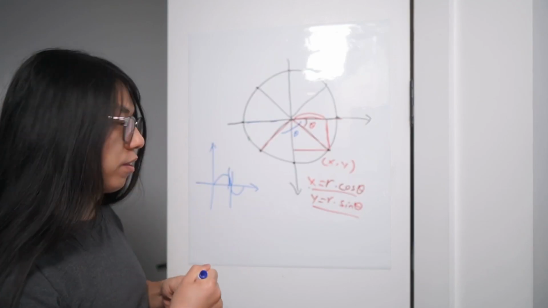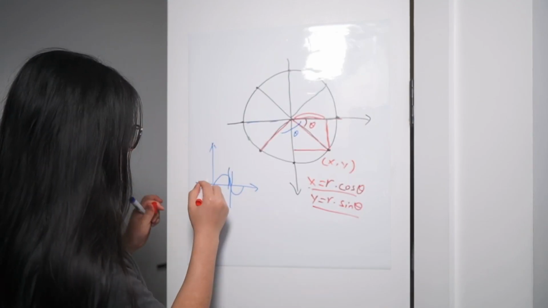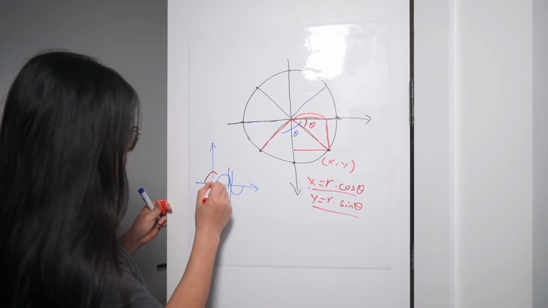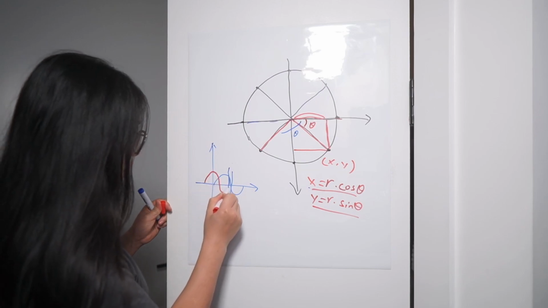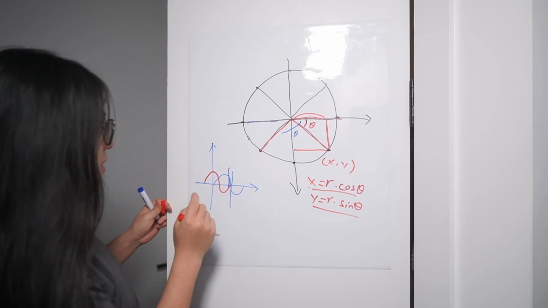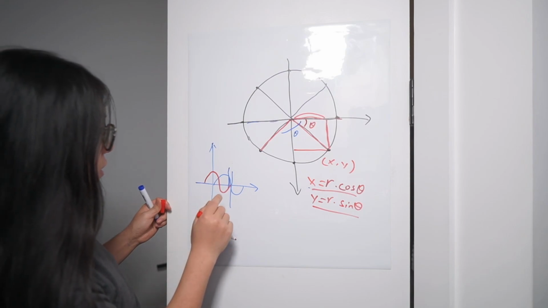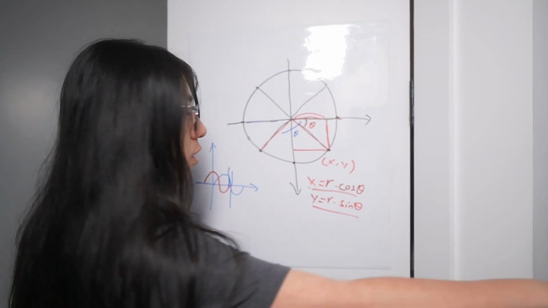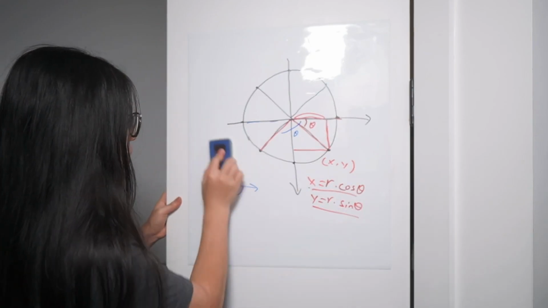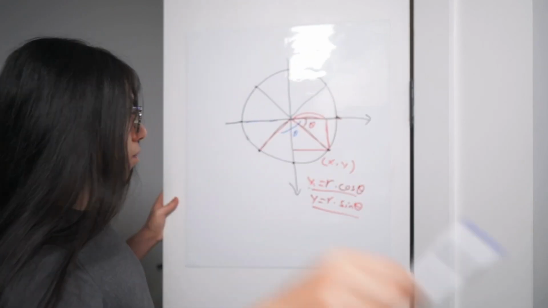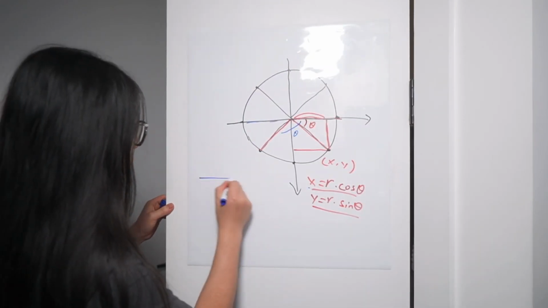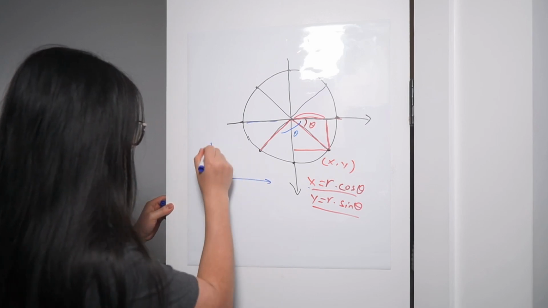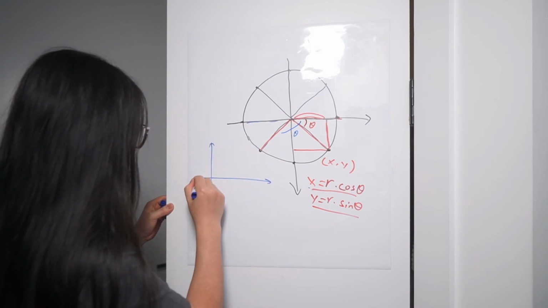But for cosine, the cosine graph, I don't know if I can match that. Yeah, cosine, I don't think I drew it properly. So cosine looks like this.